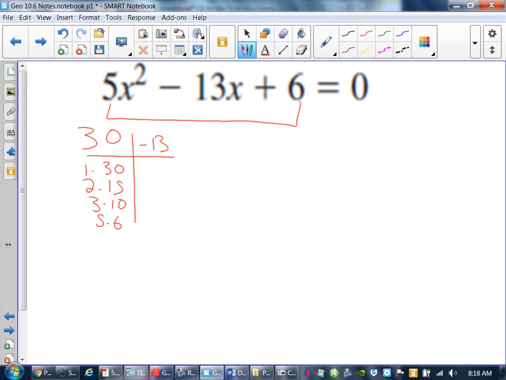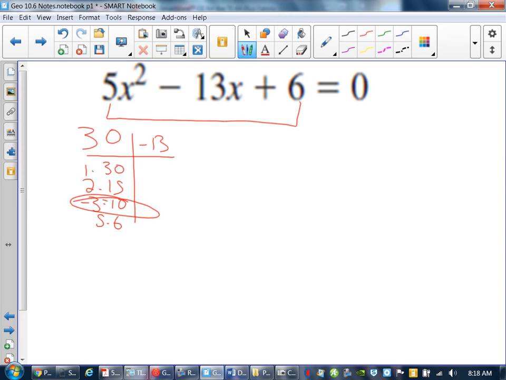It's not that many. After a while, you'll be like, oh, I know it's not going to be 1 and 30 or 2 and 15, but which one will it be? 3 and 10. Yeah, it's got to be 3 and 10 because of the signs, so negative 3 and negative 10.